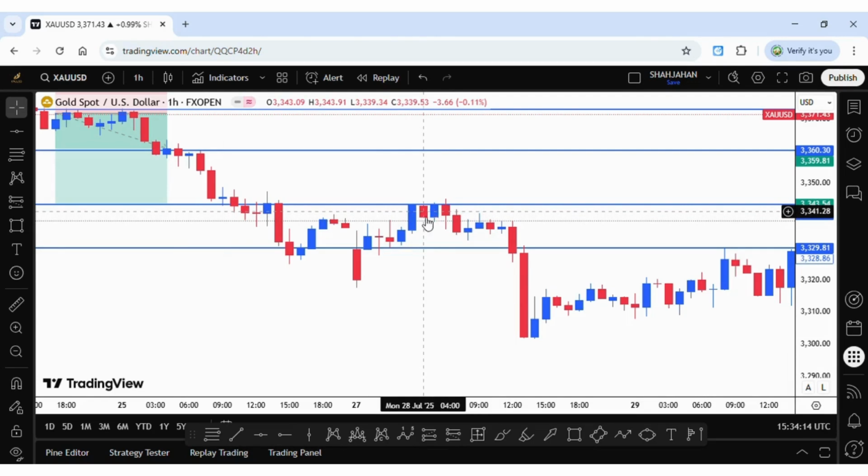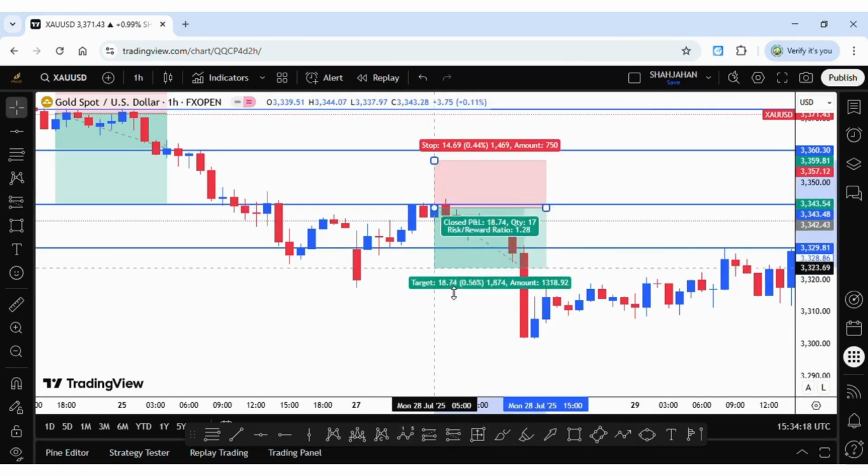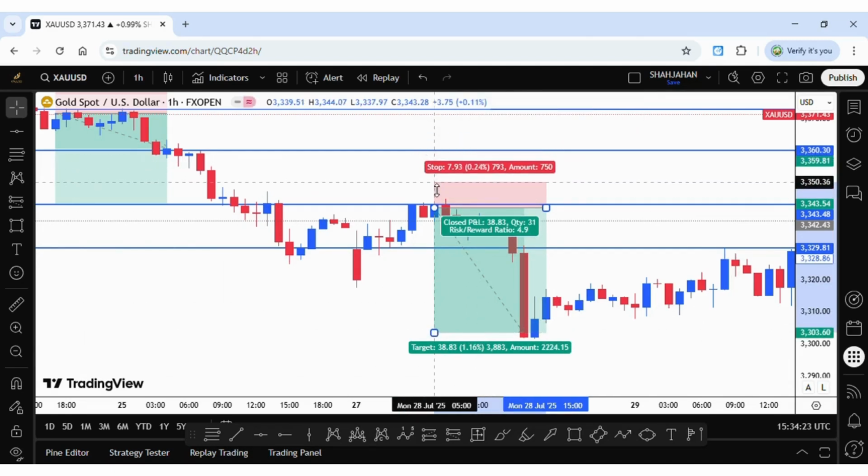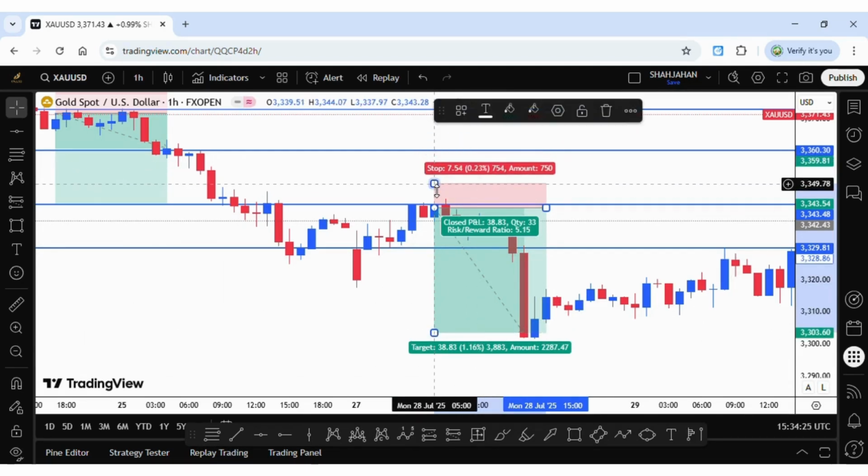So this is again your sell setup towards demand, and SL should be just above your bearish order block. You can see the risk reward: the risk is just 0.23 and TP is 1.16. It means 1 to 6, 1 to 7 reward.